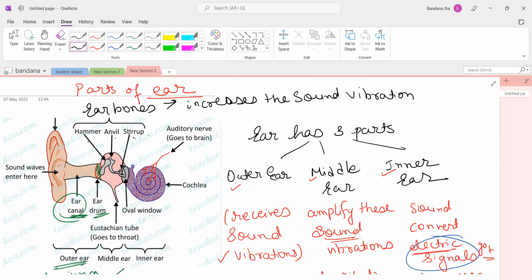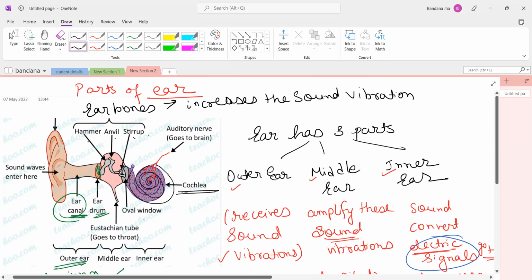The inner ear part is what? Our cochlea. You can see this is in the form of a coil. So this is the very inner part of the ear. It converts sound vibration into electrical signals.